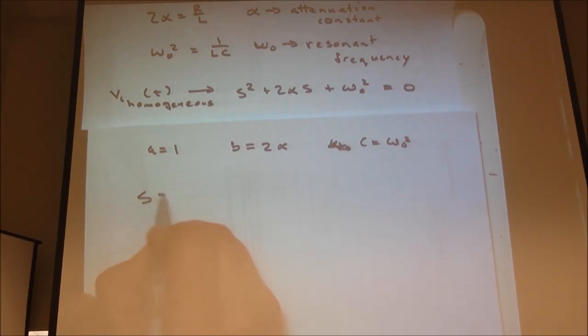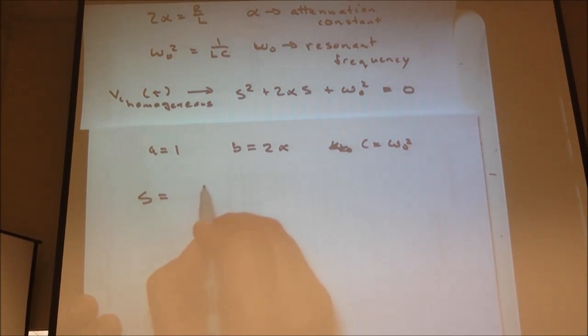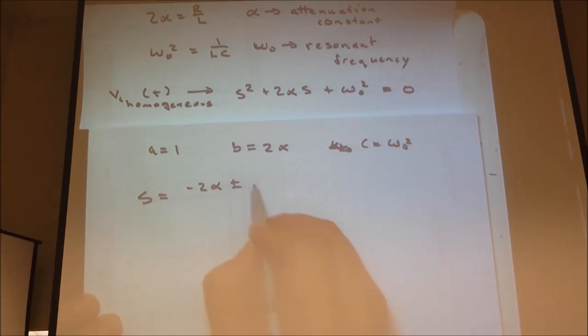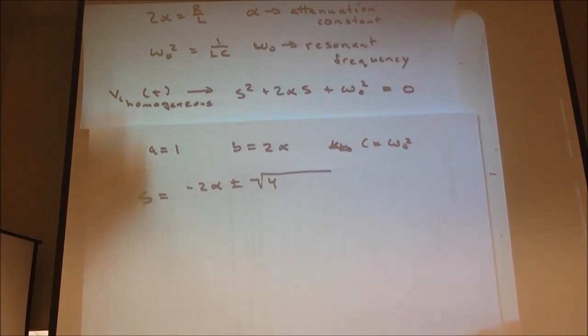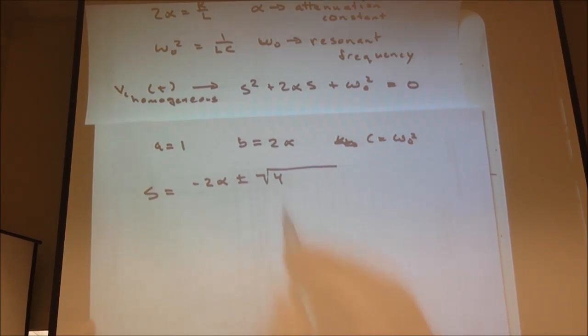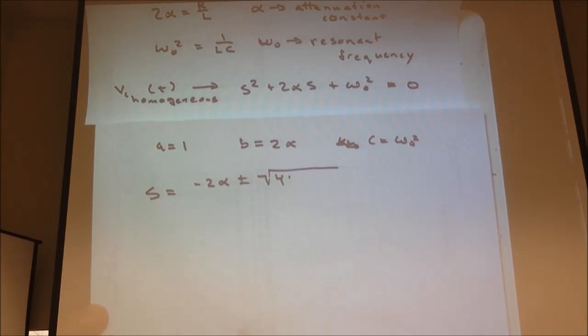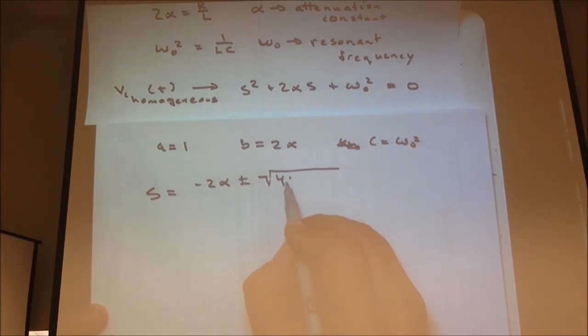Well, S equals minus B, which is minus 2 alpha, plus or minus the square root of B squared minus 4AC.